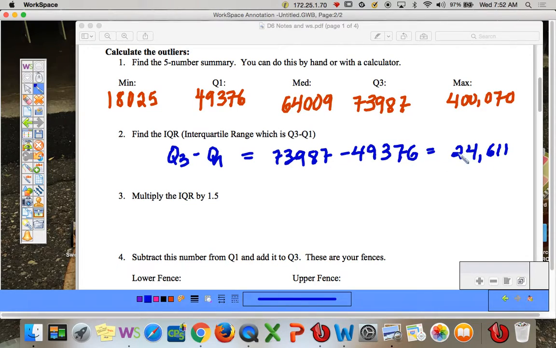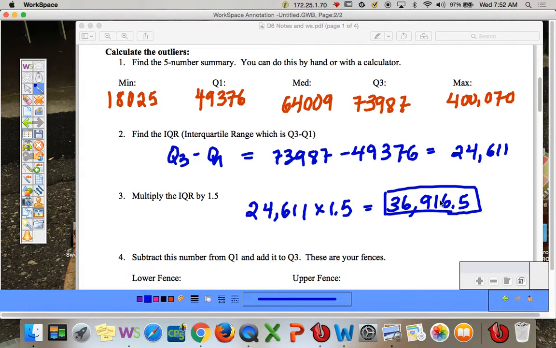We're going to take this number and multiply it by 1.5. So we have 24,611 times 1.5. I'm going to call this the magic number to find the fences. So this is 36,916.5. This is our magic number here. We're going to take this magic number.